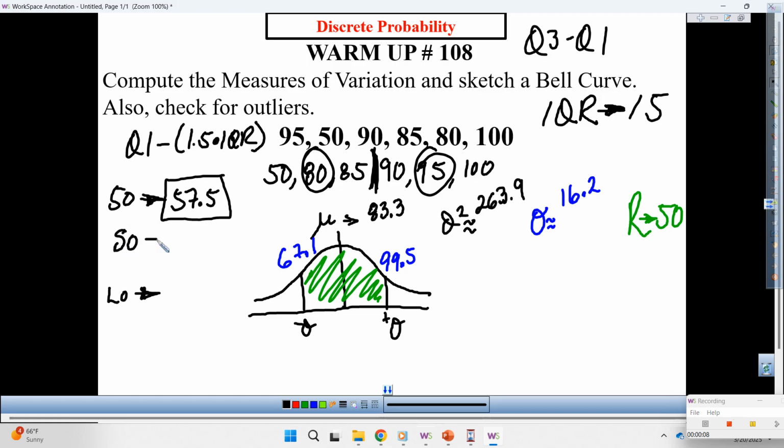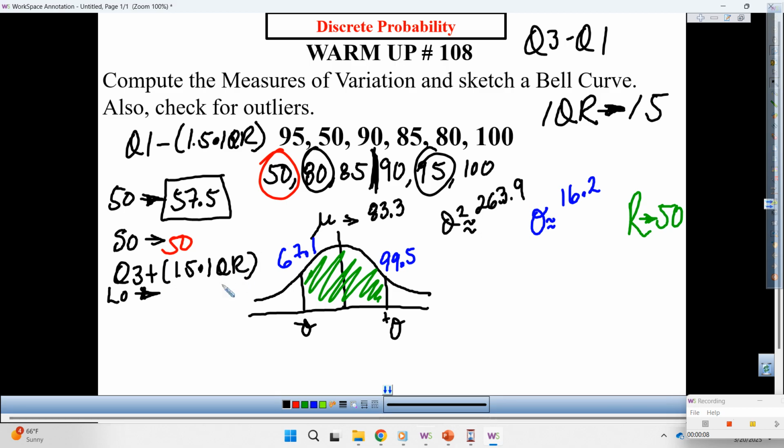There is a small outlier. What is that, everyone? 50 is our small outlier, which means that one does not belong in the set because it's a little bit outside its range. All right, how about large outlier, which is Q3 plus 1.5 times IQR.